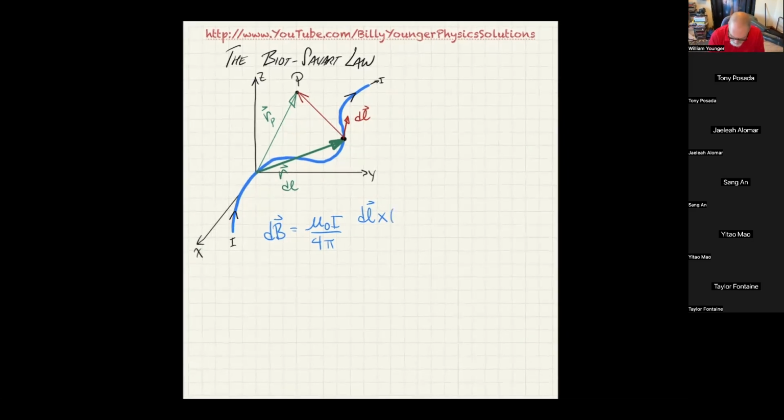Are they added together? If they added, you would get one. Remember, you have to move the tail of R sub P to the end of dl, or the tail of dl to the end of R sub P, and then connect from the origin all the way there. That sort of almost goes perpendicular to this little red vector that I'm showing. And I mean the long red vector, not the dl. Anybody have another guess?